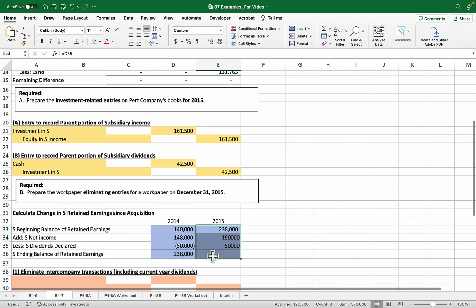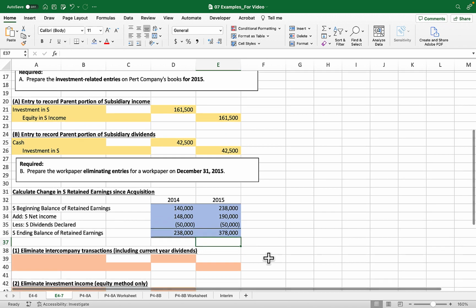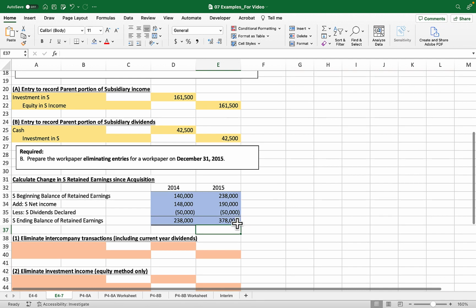Just fix my formatting here. And then we add this up. So again, that's beginning balance plus net income minus dividends gives us our ending balance of retained earnings. Now, we're not going to need all of this information, but we are going to need some of it. And having it organized this way is going to help us keep it straight as we go along.